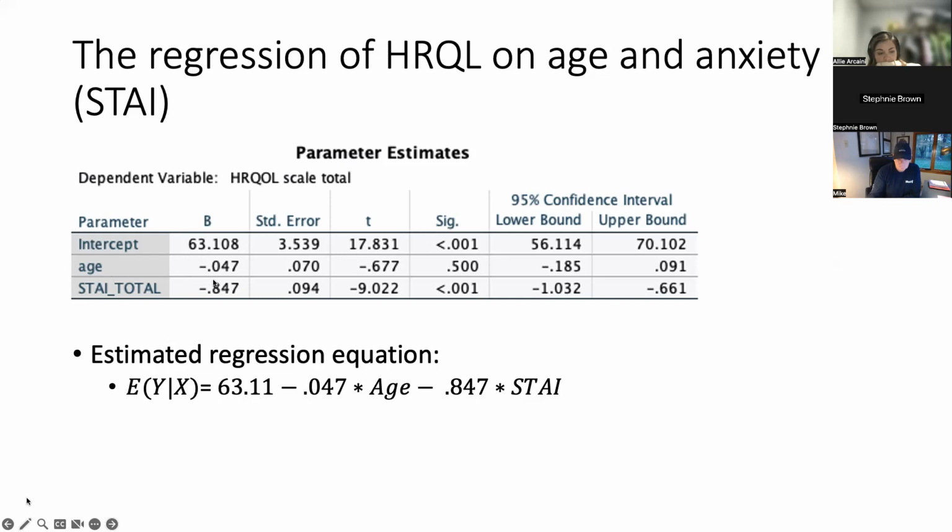So if we have negative, it means we can expect our outcome to go down by that amount, or if it's positive, go up by that amount. Everything else is just as we used to have it. We have a t-test for each predictor, and we can have a confidence interval.